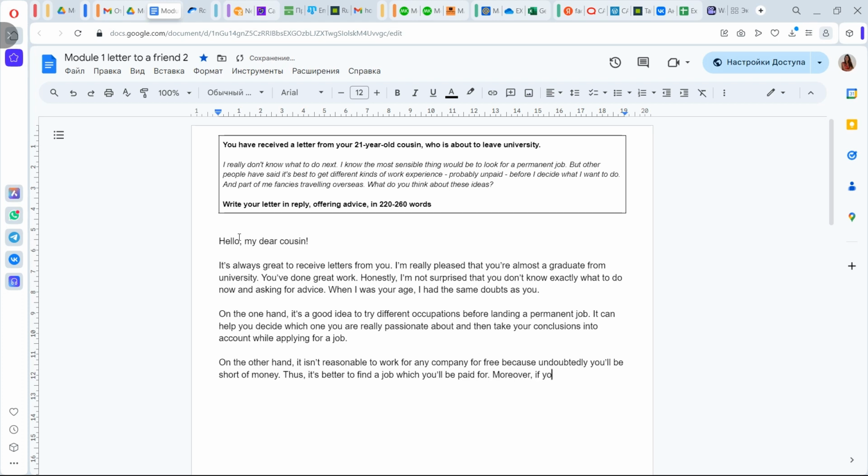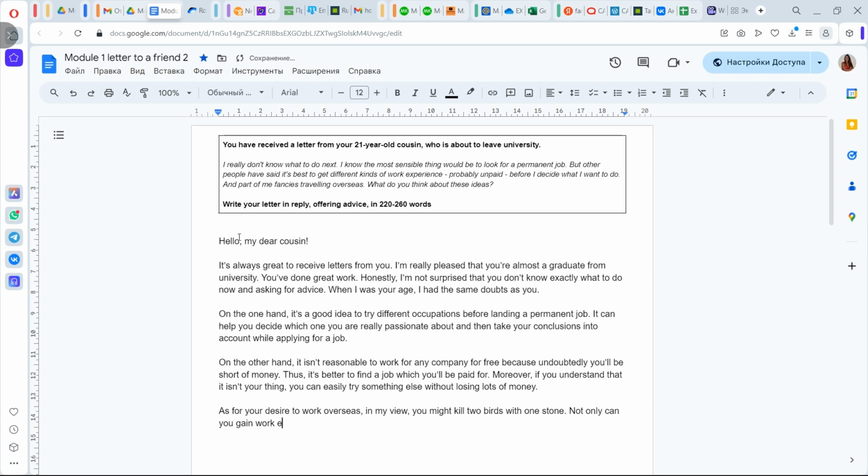And as for the last sentence, it should be a mini conclusion. But since we are writing an informal letter, I think it is a bit easier and we can skip some parts. But anyway, don't leave anything not explained. Now only one body paragraph is left, and again, the same structure, a topic sentence, then the development, and a mini conclusion.